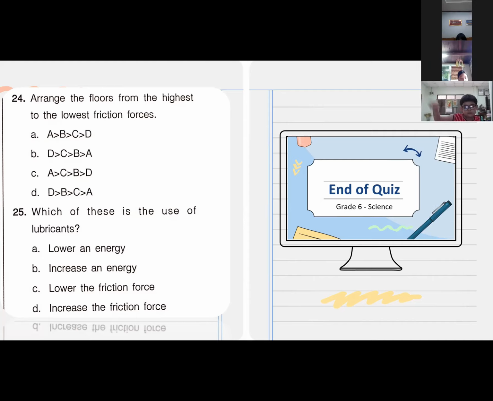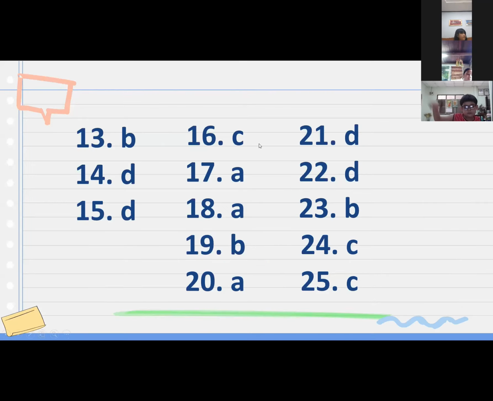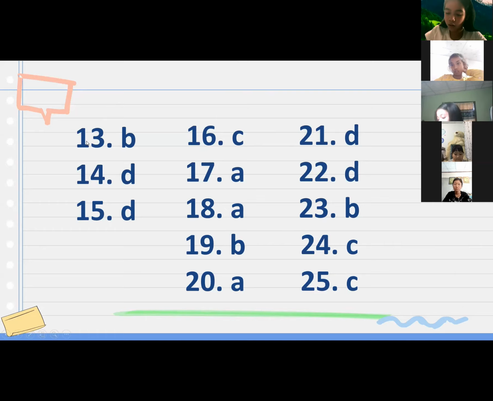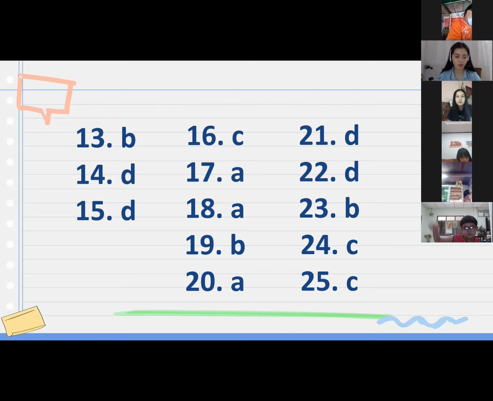Now I'm going to show you the correct answers from 13 until 25. You can check your answers, and then after that, you add the previous score from 1 to 12 and 13 to 25. Everybody check, and then I will get your scores.